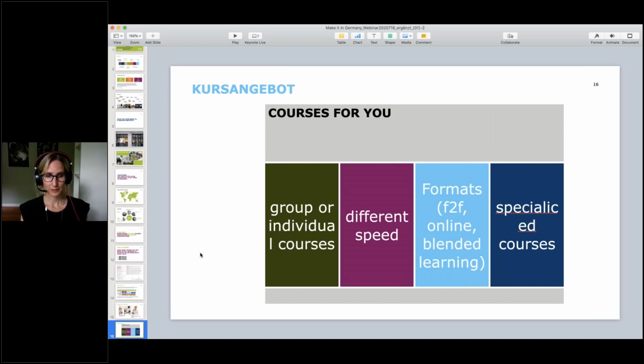Depending on how quickly you have to achieve your goal, we offer courses with different speeds or intensities, as we call it. So depending on how much time you can spend on learning German, we have a whole range of different classes for you with more or less hours per week. Especially now, it's really important to know that we do offer, apart from face-to-face classes, online courses and virtual blended courses with a high percentage of live sessions.